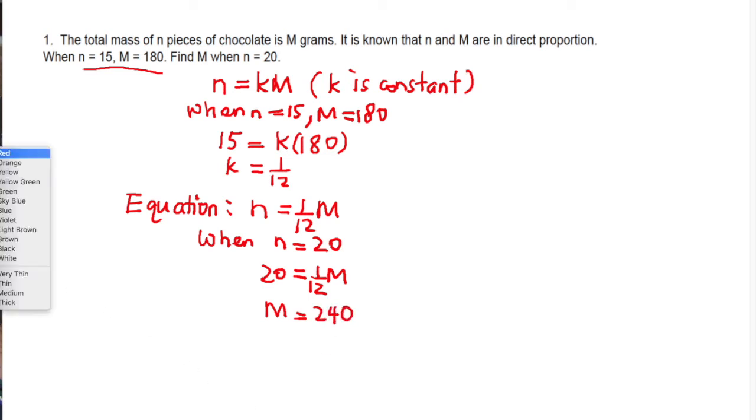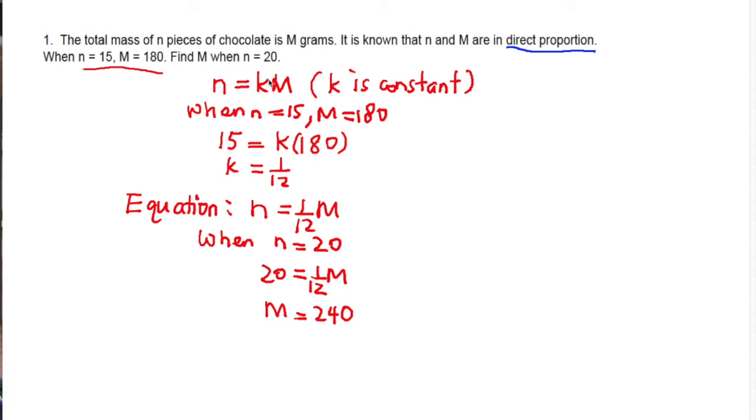Let us now look at the processes involved. When we look at a sum, we must always take note of what kind of proportion it is. If it is direct proportion, then we will write the statement where one quantity equals the constant times the other quantity. So the first step is the k statement.